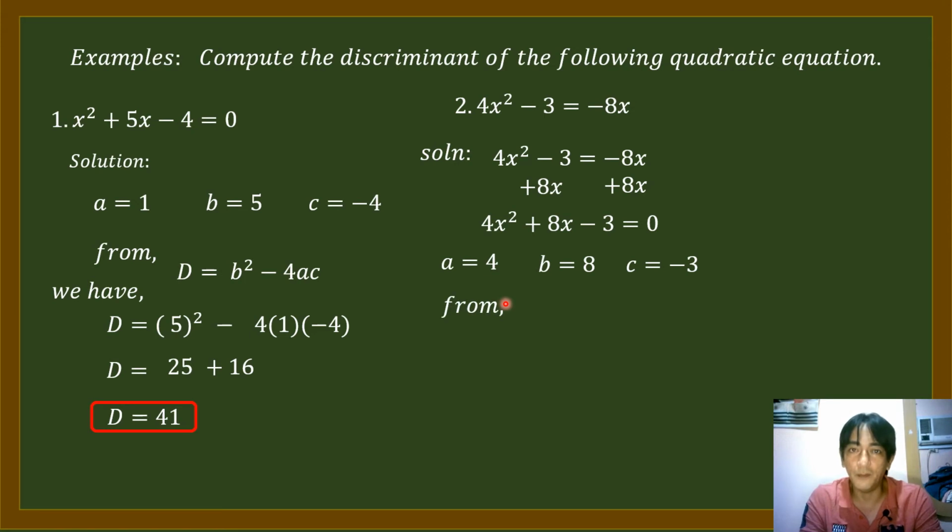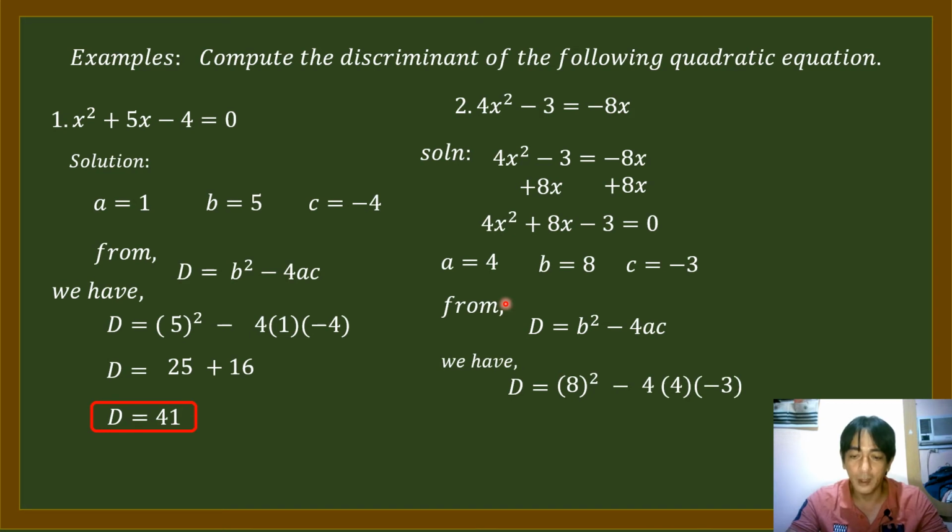Okay, again, from the formula, D is equal to b squared minus 4ac. We have D is equal to 8 squared minus 4 times 4 times negative 3. Yung b natin is 8, ayun siya, minus 4. Ang a natin is right here, 4 pa rin. And then, c is negative 3.